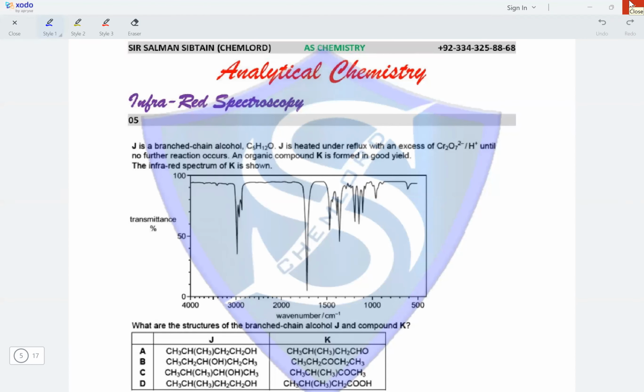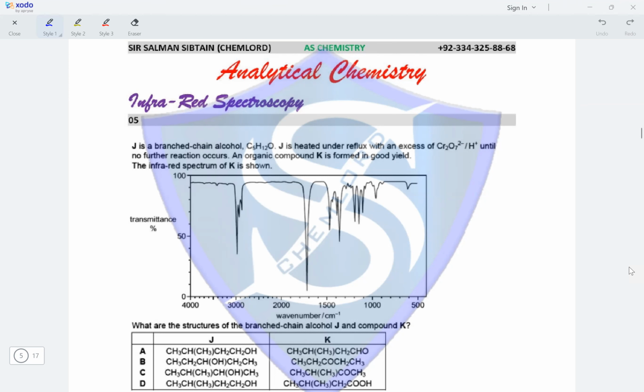Question 5. J is a branched chain alcohol, C5H12O. J is heated under reflux with an excess of Cr2O7 2- and H+ until no further reaction occurs. An organic compound K is formed in good yield. The infrared spectrum of K is shown.